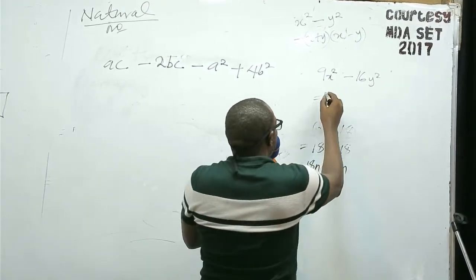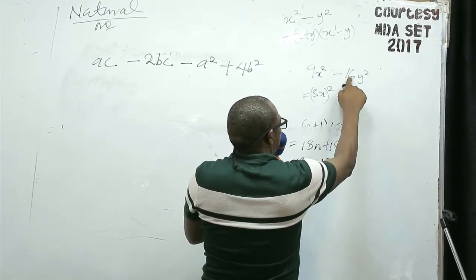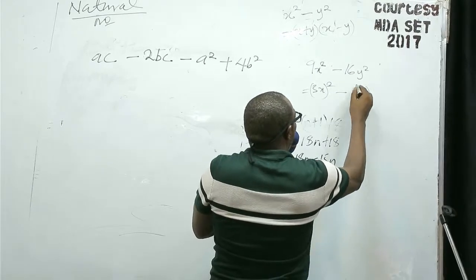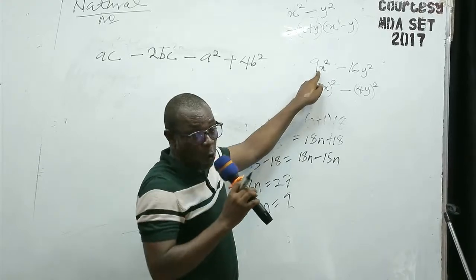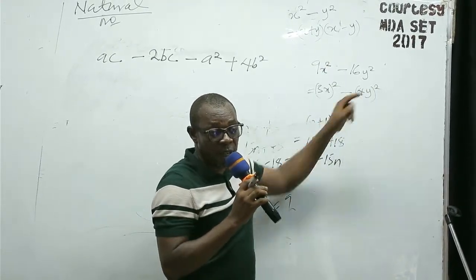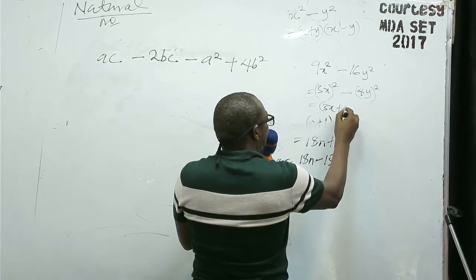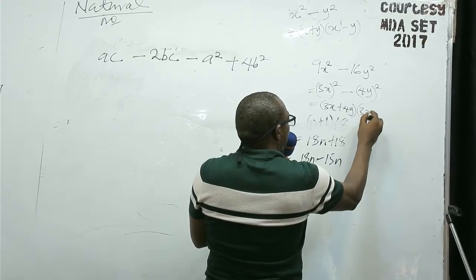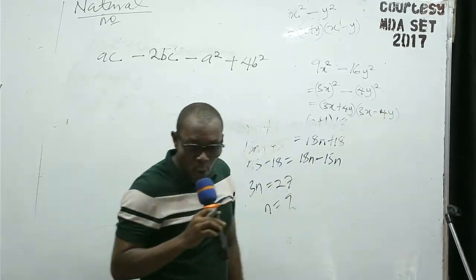So it is something as 3x. What is the square root of 16? 3x squared is who? 4y squared is who? So it will give us how much? It will give us 3x plus 4y into what? So this is difference of who?